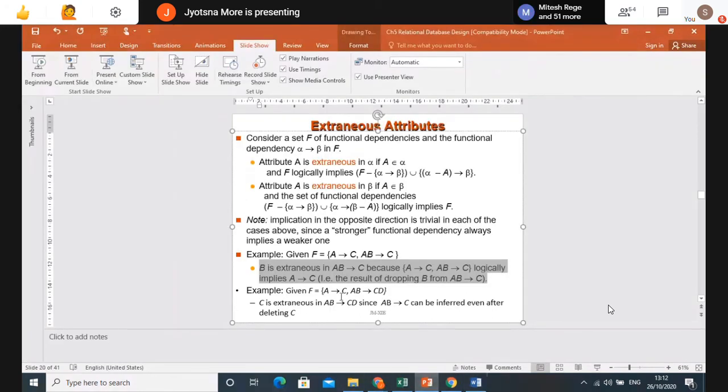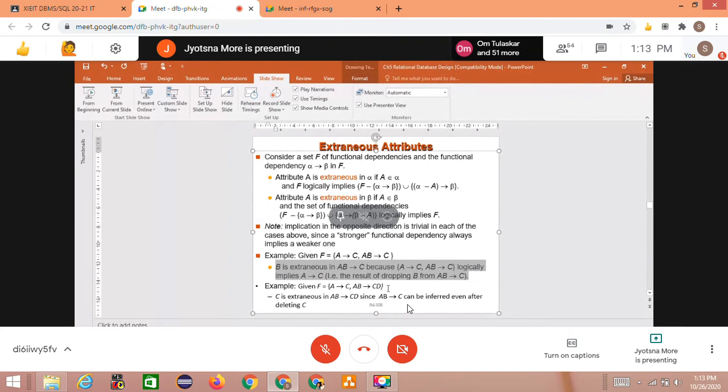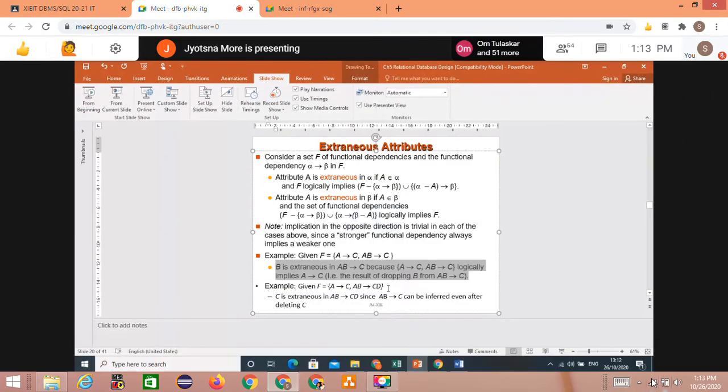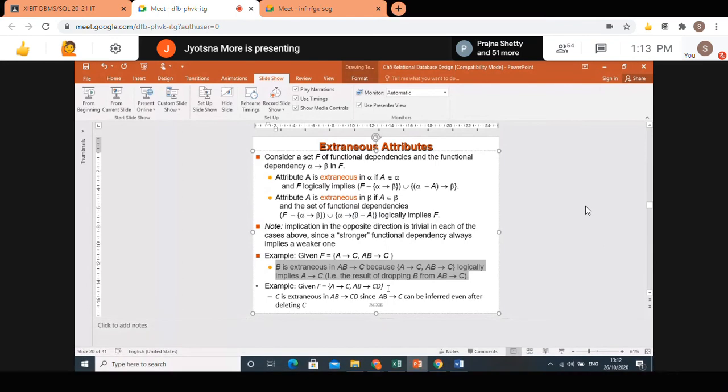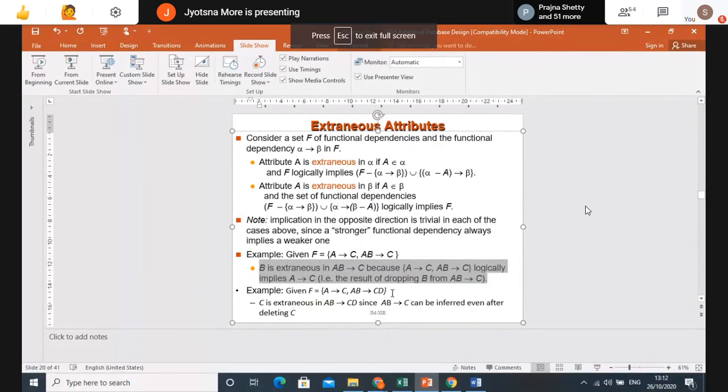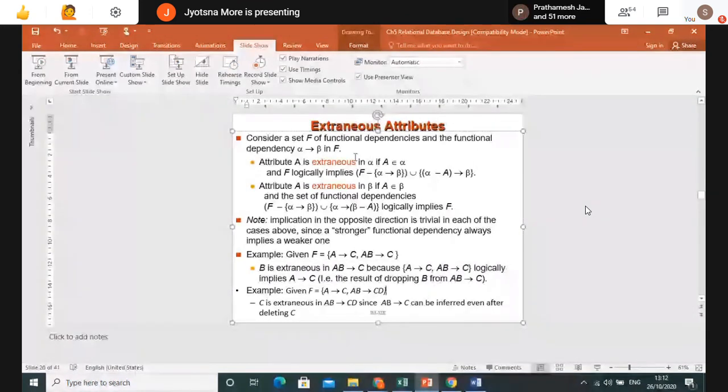Here in this functional dependency, if I am saying A determines C and AB determines CD, explaining it to you with the help of this is slightly difficult, because you have to solve the same thing with the help of this.